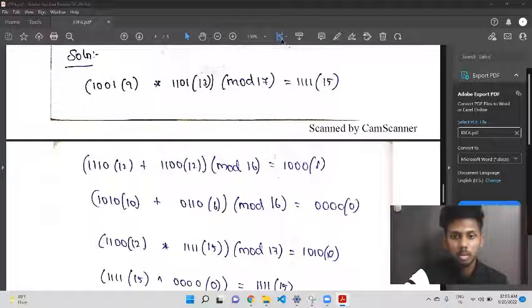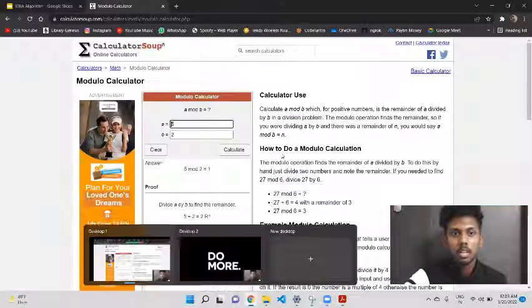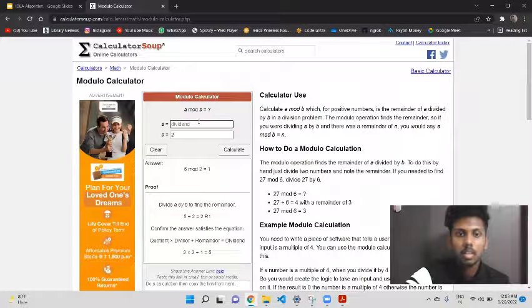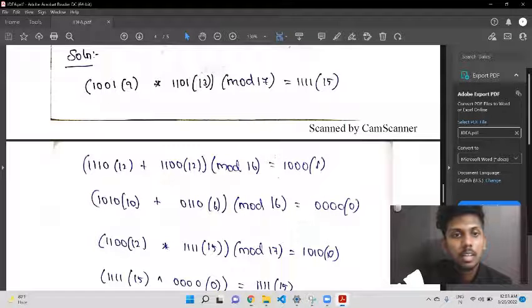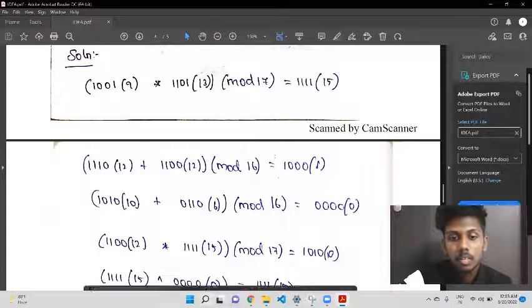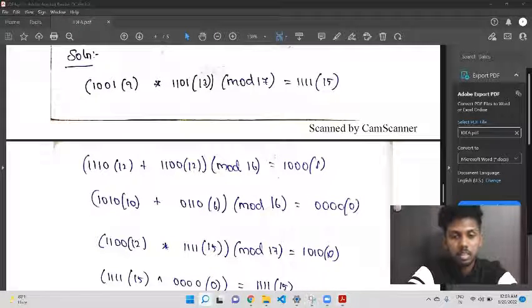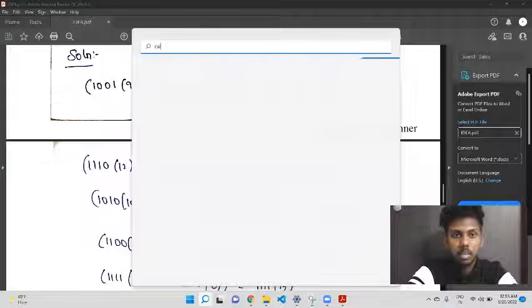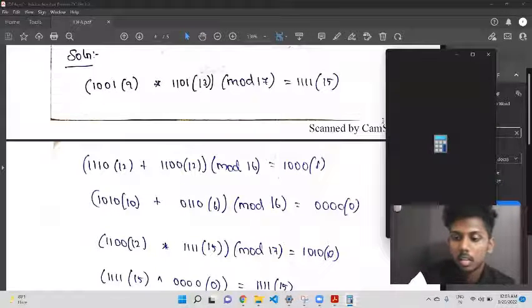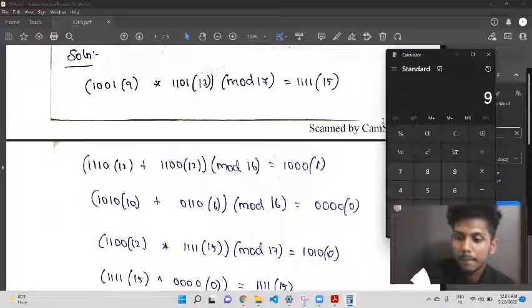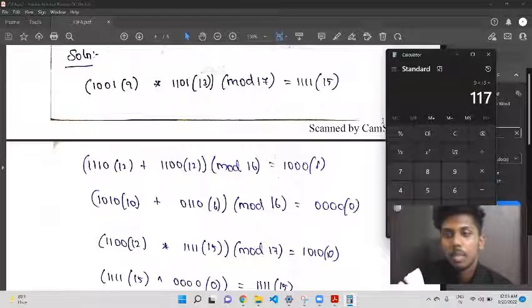I will do it step by step. The a value is 9 into 13. We can calculate using a calculator. What is 9 into 13? 9 into 13 will be 117.